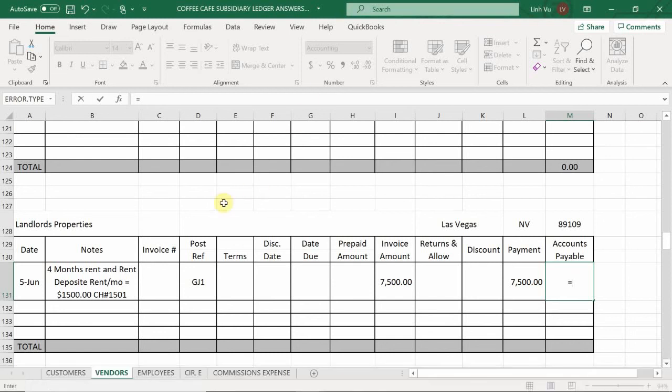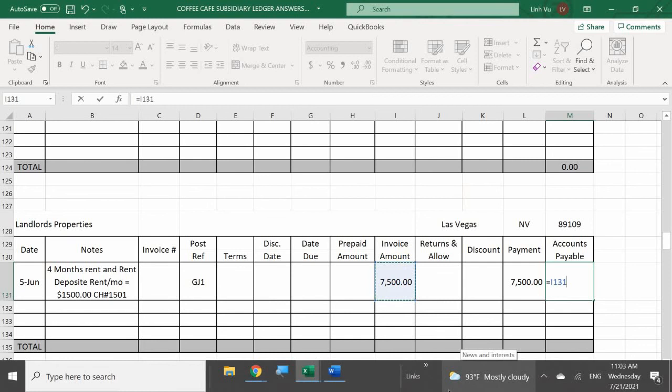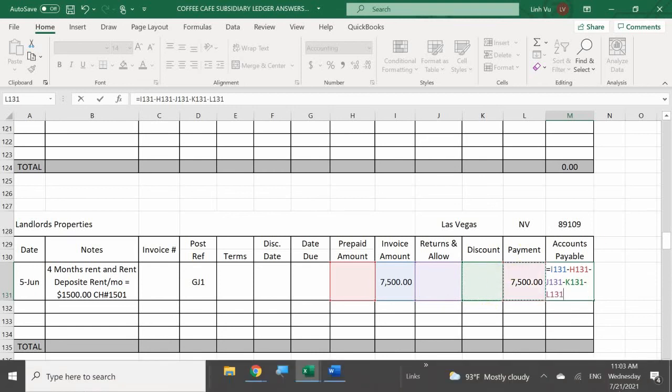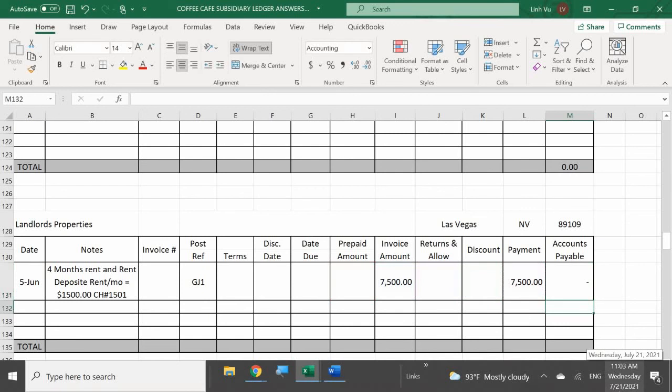You're going to start off with first your invoice amount, okay? You're going to subtract any prepayments, subtract any returns and allowances, subtract any discounts, and then last but not least, subtract any payments. And then enter. All right.